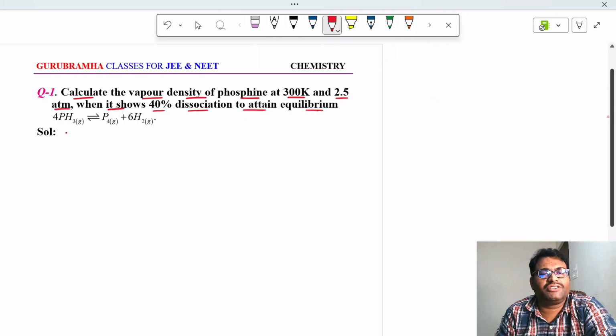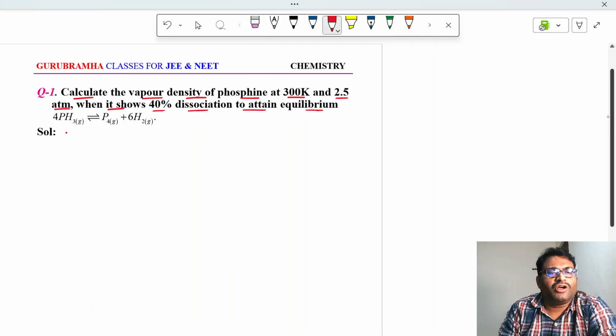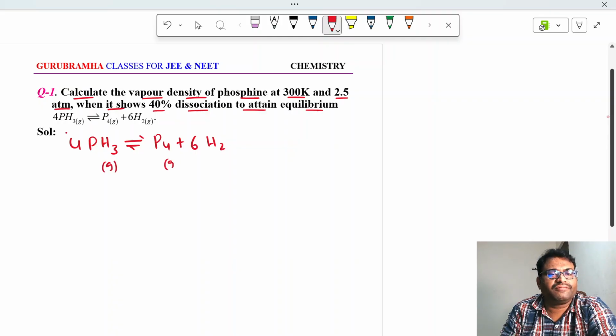Already the reaction is given: 4PH3 gives rise to P4 plus 6H2. All are in gaseous state, you see.